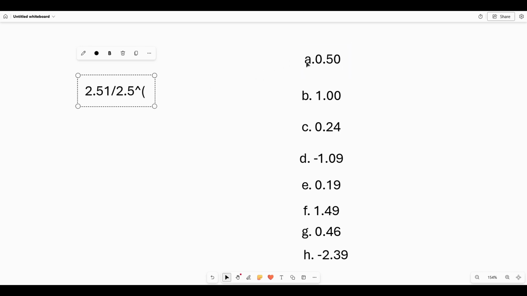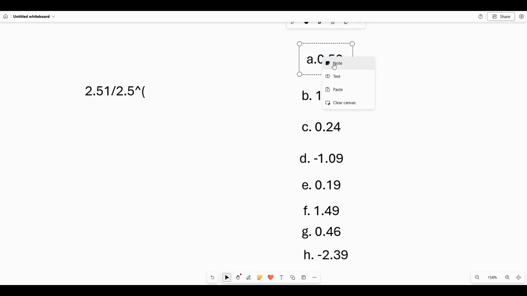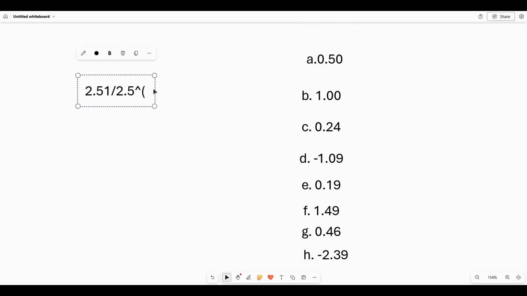So for instance, we get this 0.50. So what we'll do, we'll just copy this and we are going to come back. 0.50.